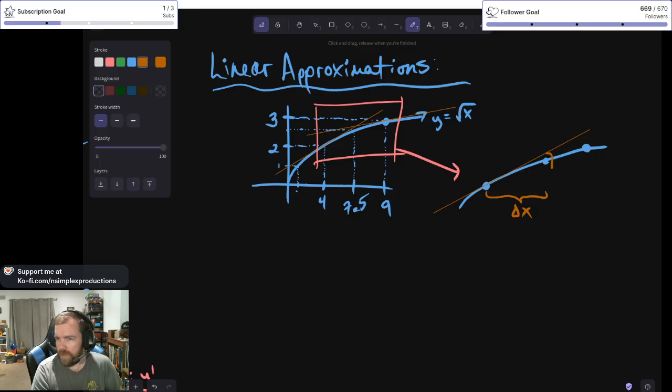It's going to be from here to here is our change in y.